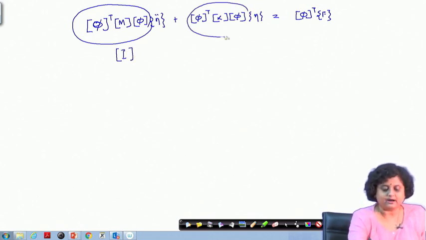Similarly, this product is a diagonal matrix with the diagonal terms being omega p square.